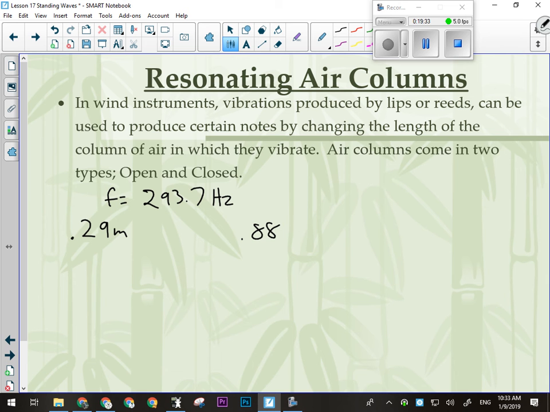I'll do this again, but I'm just going to slowly raise it. Just listen to the changes in the volume of sound. You'll be able to pinpoint where the nodes and antinodes are just by listening closely. Like, there's a node right there.